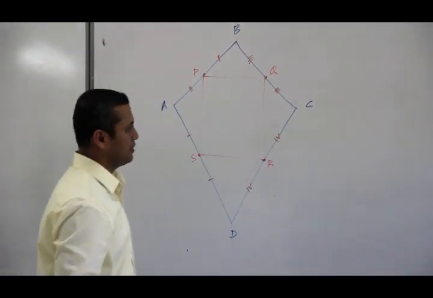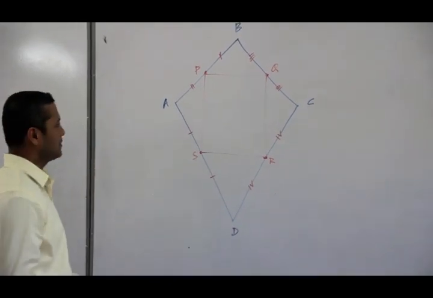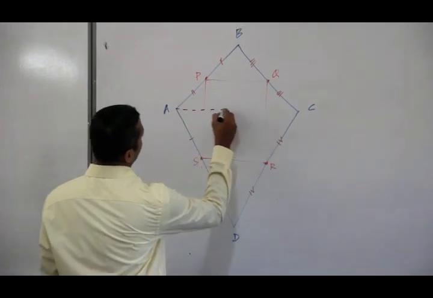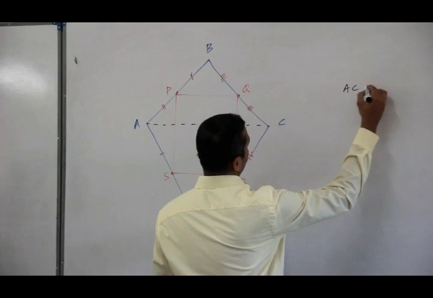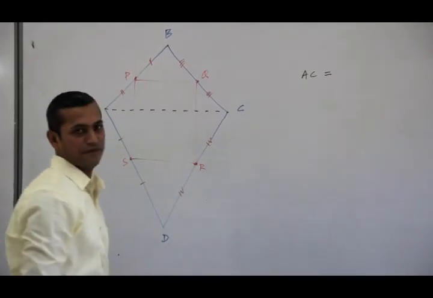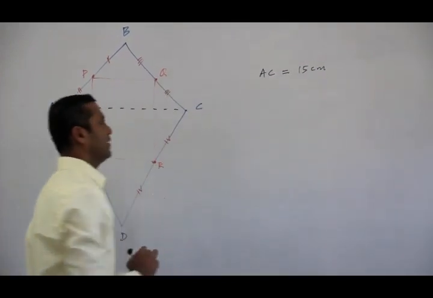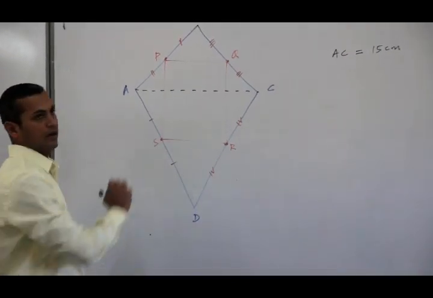Now the question is to find what? The perimeter. AC equals how much? It is given. AC equals how much? It is given in the question. 15 centimeter. Okay. Then look at the board.